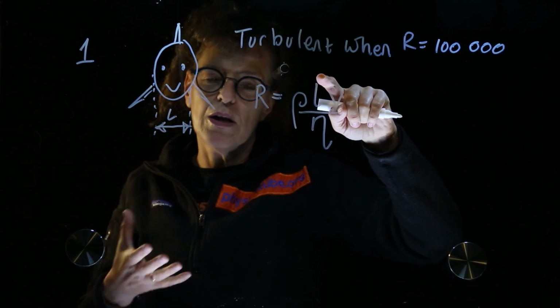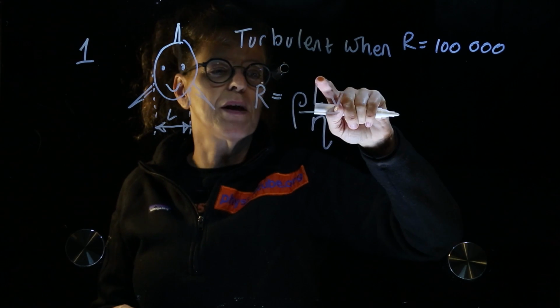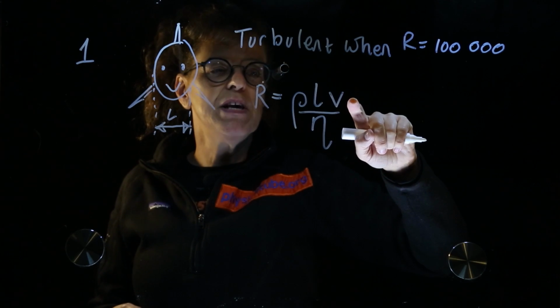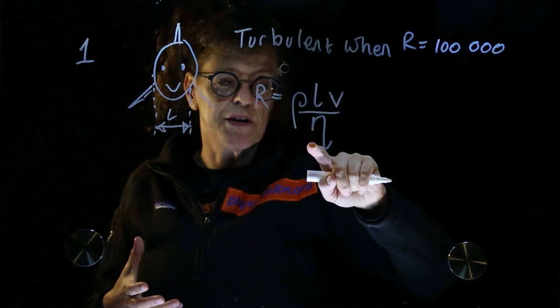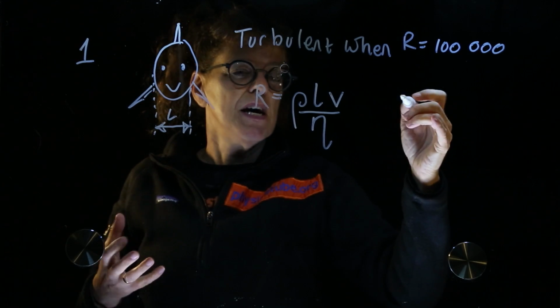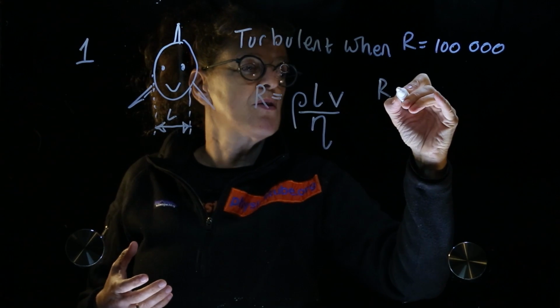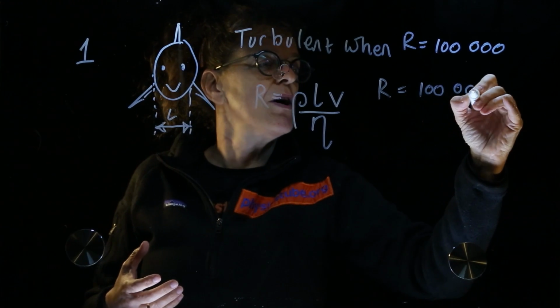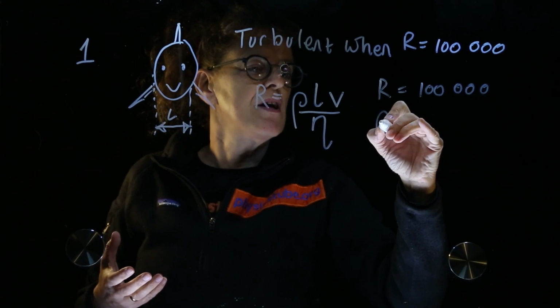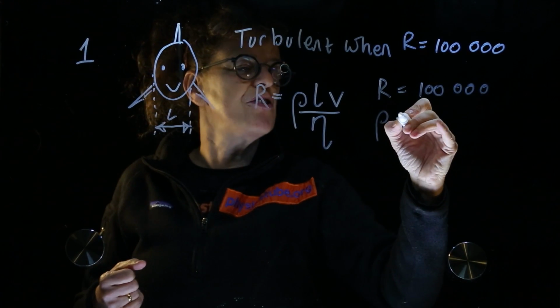This L, well, we've had a discussion about that. We're going to make up a number. V is the velocity of the fish, what we're trying to find, and eta is the viscosity of water. So R equals 100,000. Write down what you know, always a good thing, and that has no dimensions.